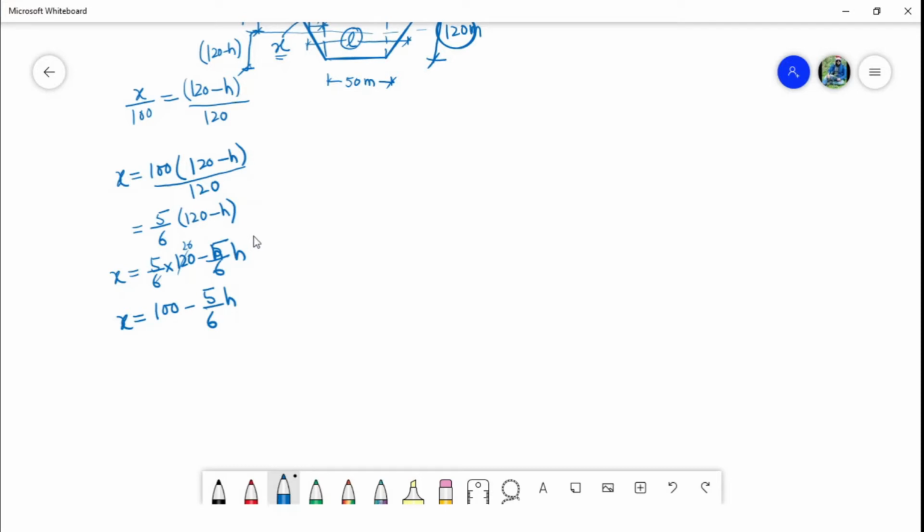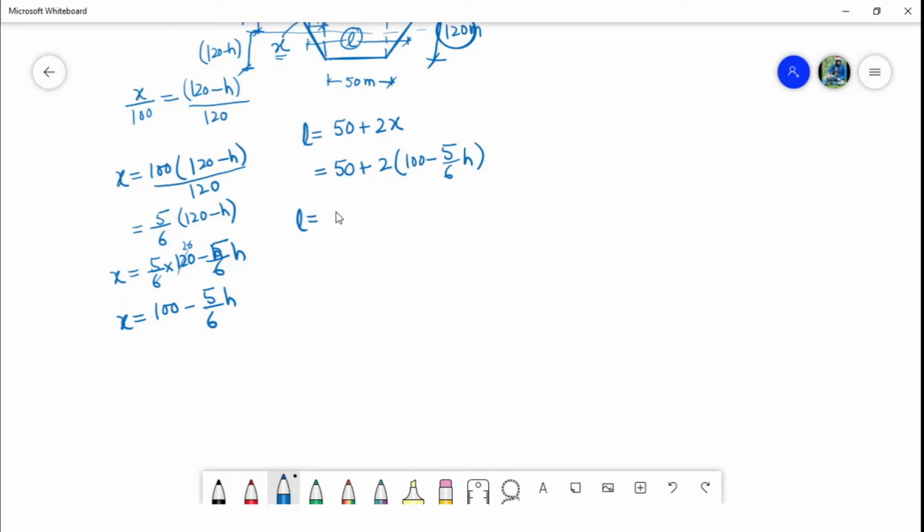Now in order to calculate the span L, L is equal to 50 plus twice x. So this will be equal to 50 plus 200 minus 5 by 6 of h.